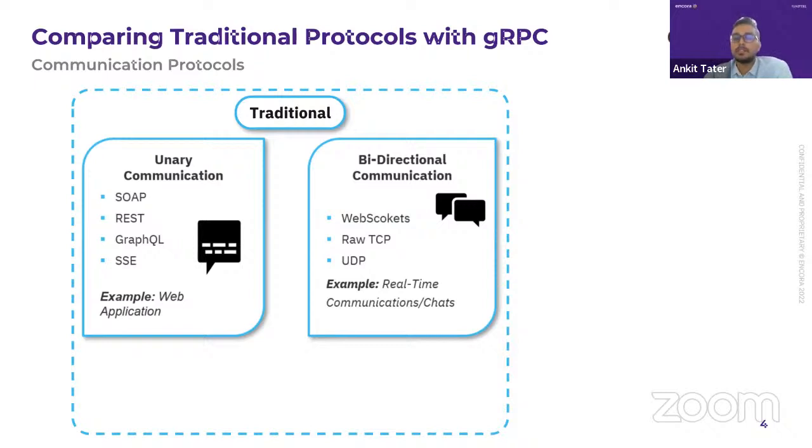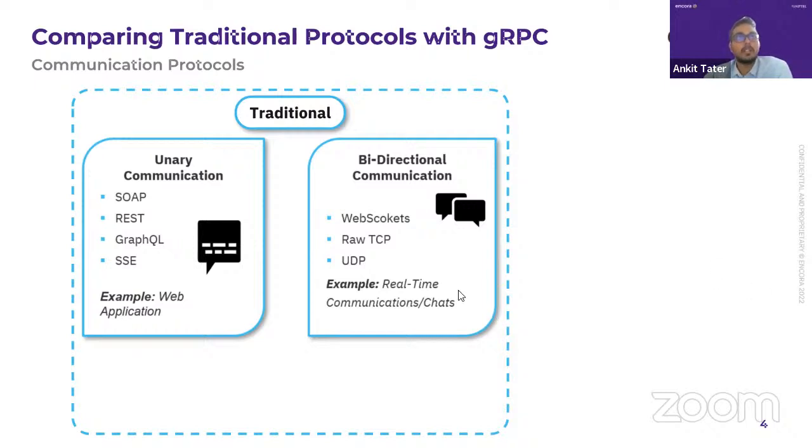For example, a real-time web application like a chat application or gaming application, where you have two-way communication. In a chat application, you update your data to the server, and the server updates it back to other friends, right?